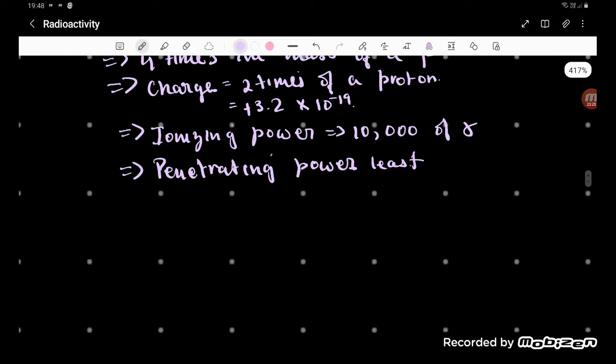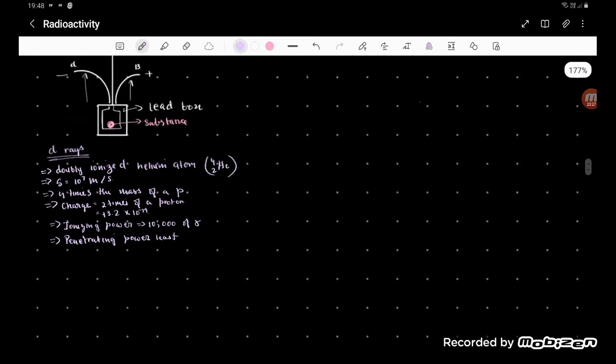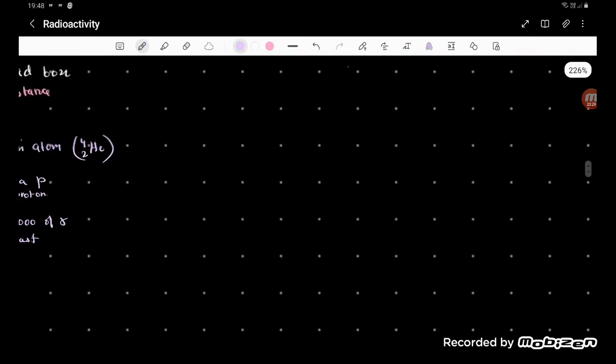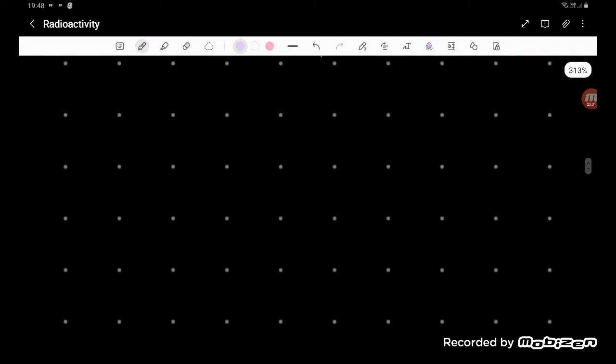Okay. Now that alpha rays are done, let's talk about beta rays.